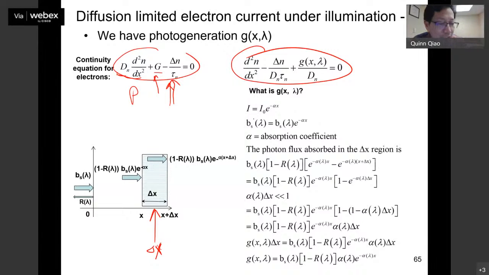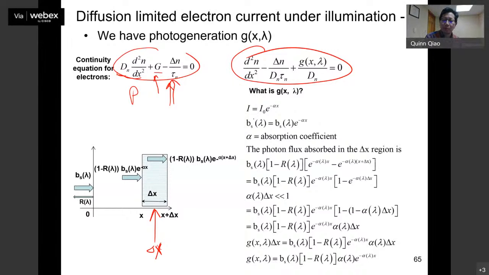If you consider the quantum efficiency 100%, one photon generates one electron, 100% efficiency. So the electron generation by photons is by the absorption.